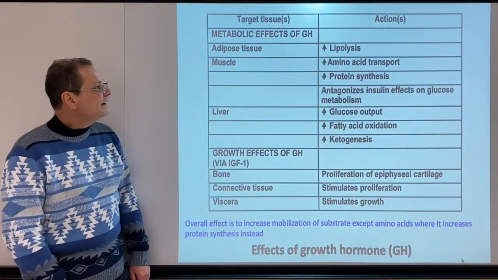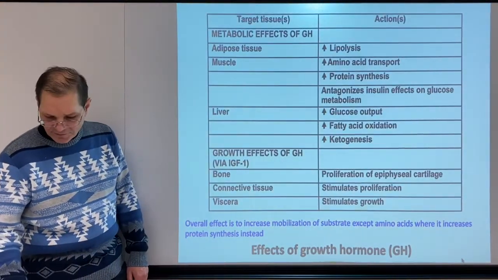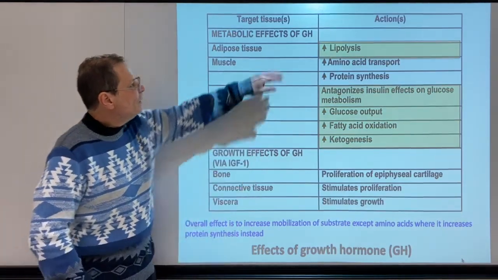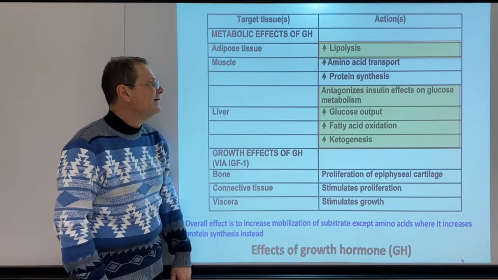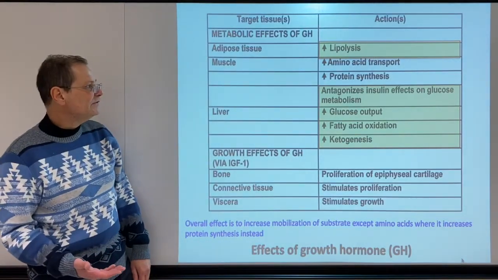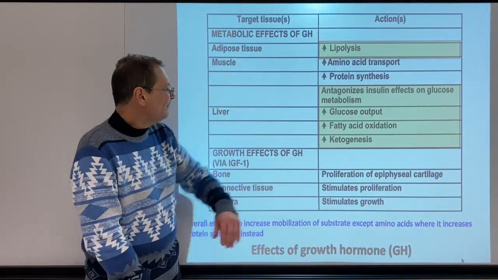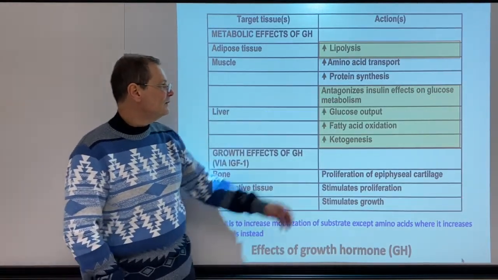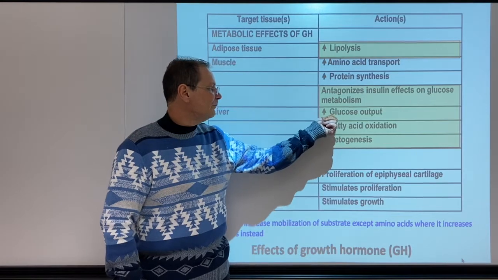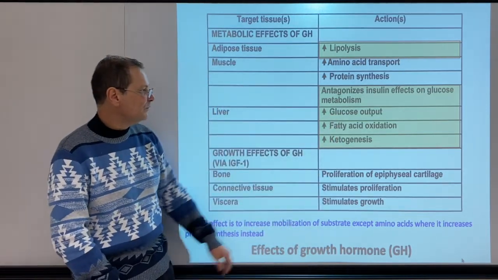Finally, again, a reiteration of some of the effects of growth hormone here. We have an increase in lipolysis, which will bring free fatty acids back up in the bloodstream toward normal. We have an antagonism of the effects of insulin on glucose metabolism, which will ultimately bring glucose levels in the plasma back up toward normal.